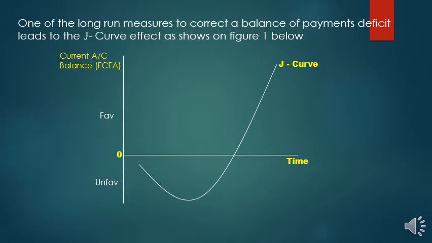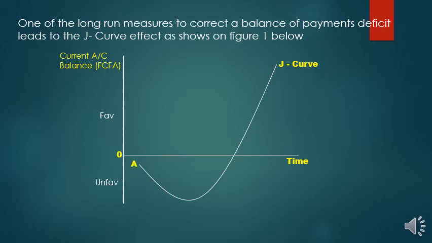But now the J curve tells us that when this long run measure is being used to correct the balance of payment deficit, the balance of payment will instead start by falling before it increases.